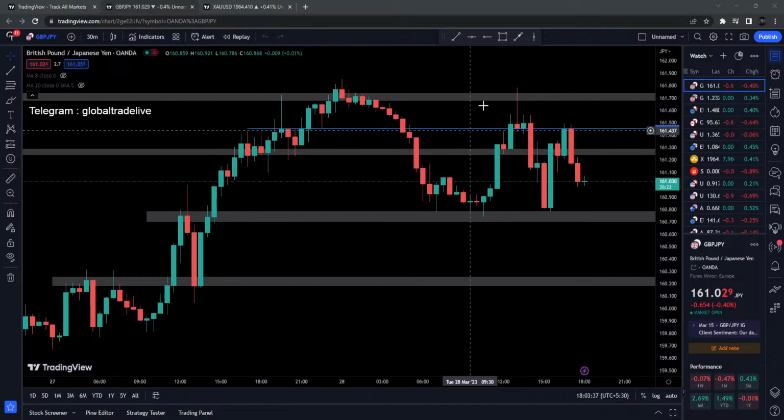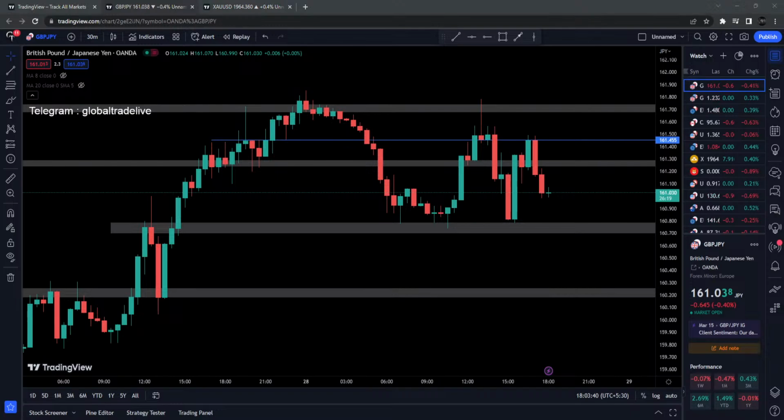So this is the GBP chart over here. Let me first check if there is any news today or not.